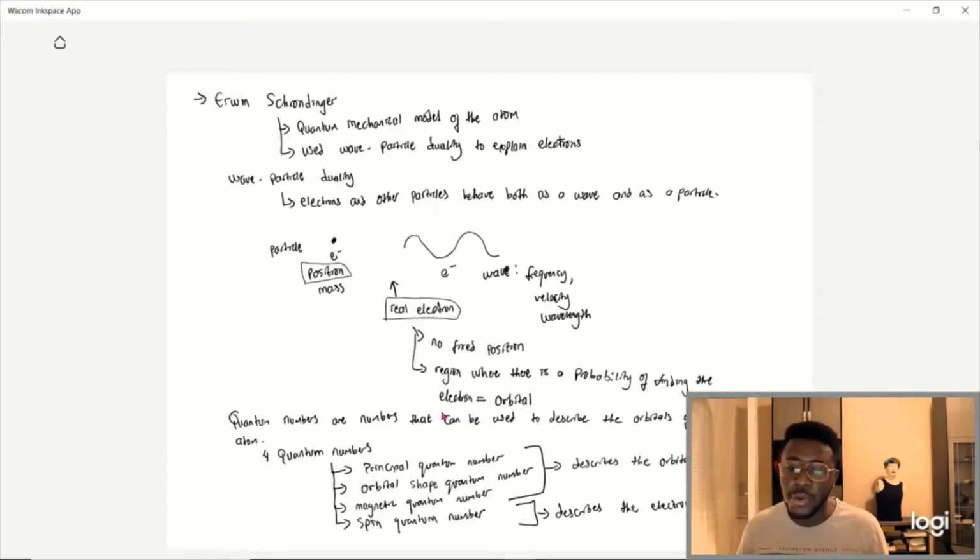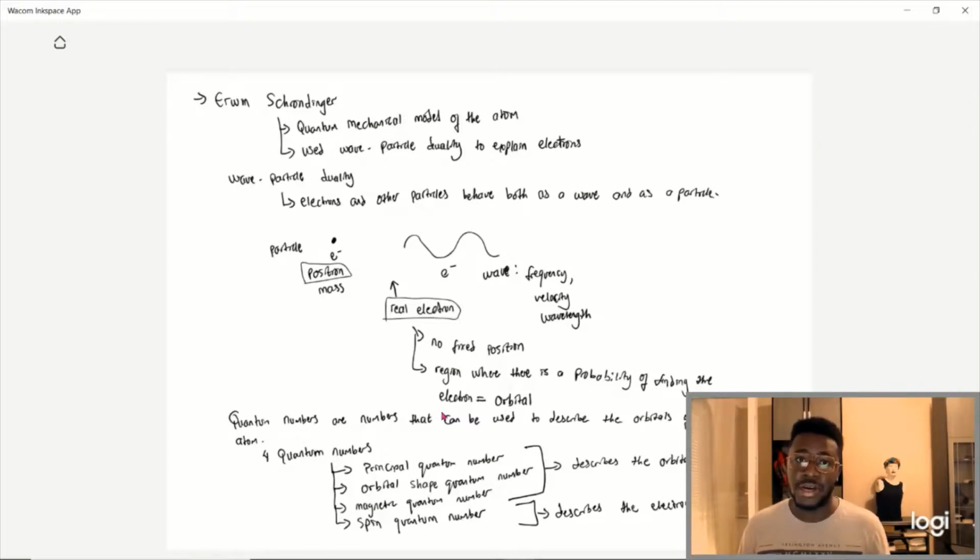What the quantum numbers do not describe is the atom. They describe the orbital or the electron, not the atom. So in questions, when they're asking you to write the quantum numbers of something, they're usually asking about the electron or the last electron in the atom.